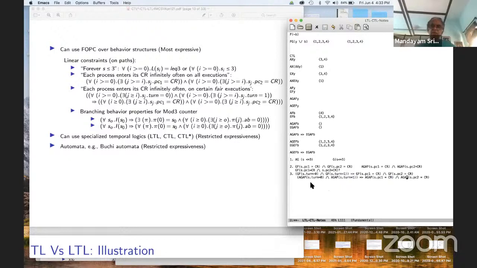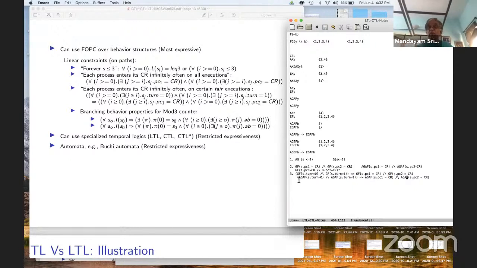So let's get to this. The reason that this is not exactly the same is, think about it. Here you're saying every path that satisfies this. While this might be a CTL formula, the meaning might be something different.